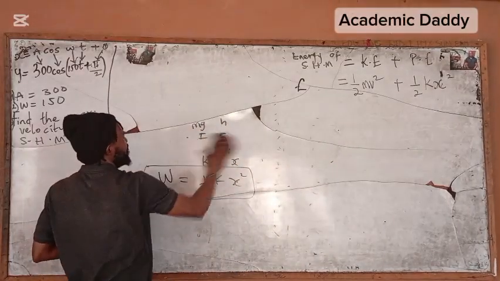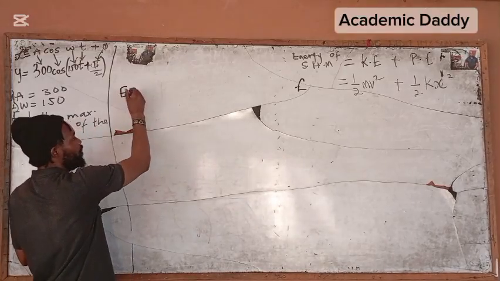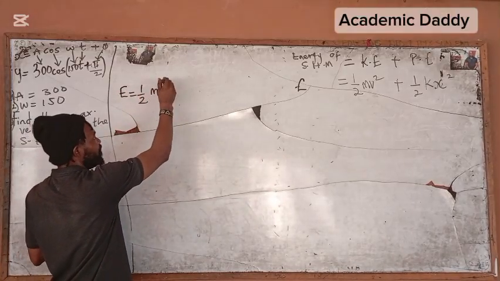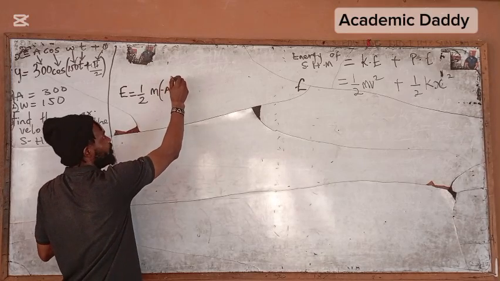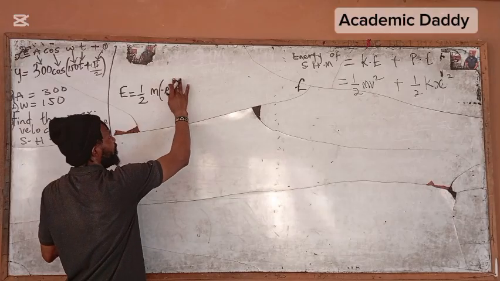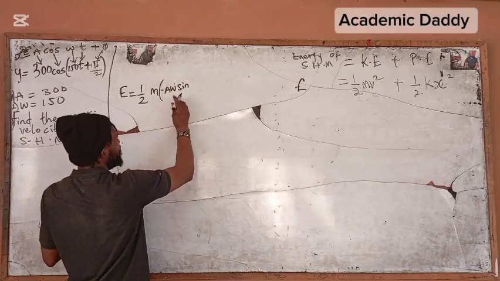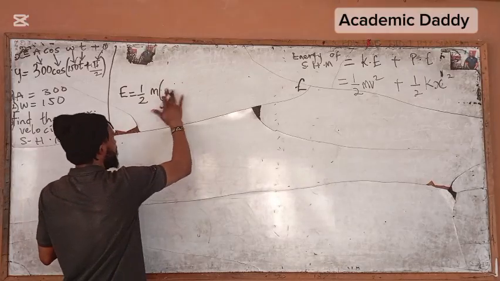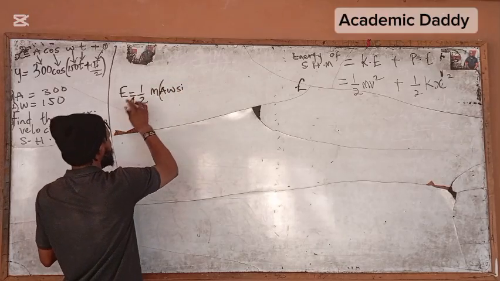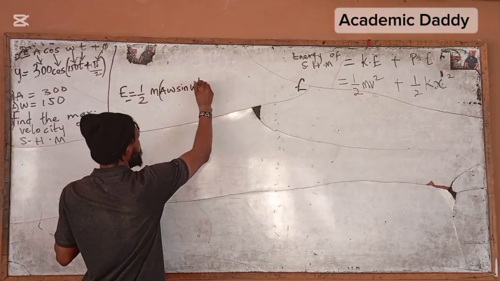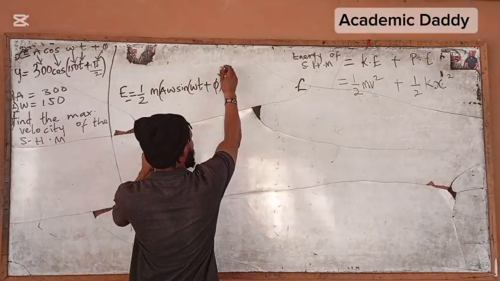Okay, let me write it this way: E equals half M, then V is minus A W sine (WT plus phase angle).